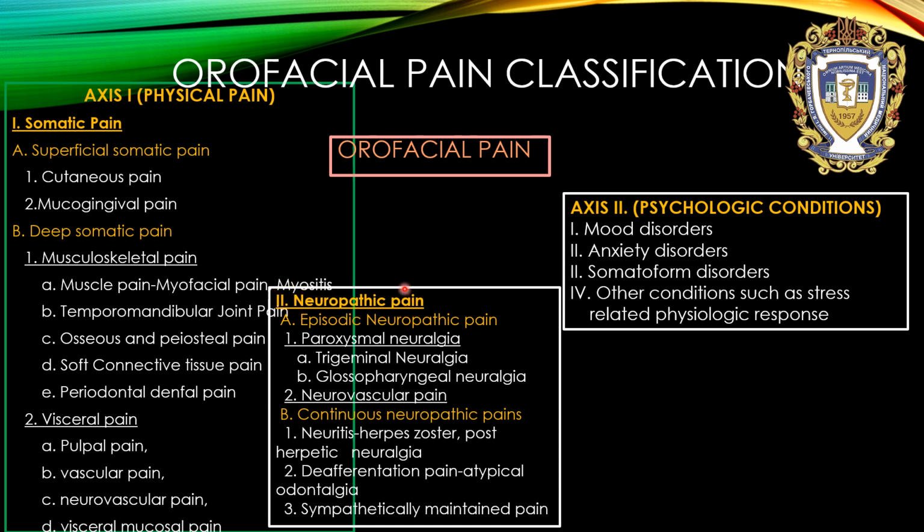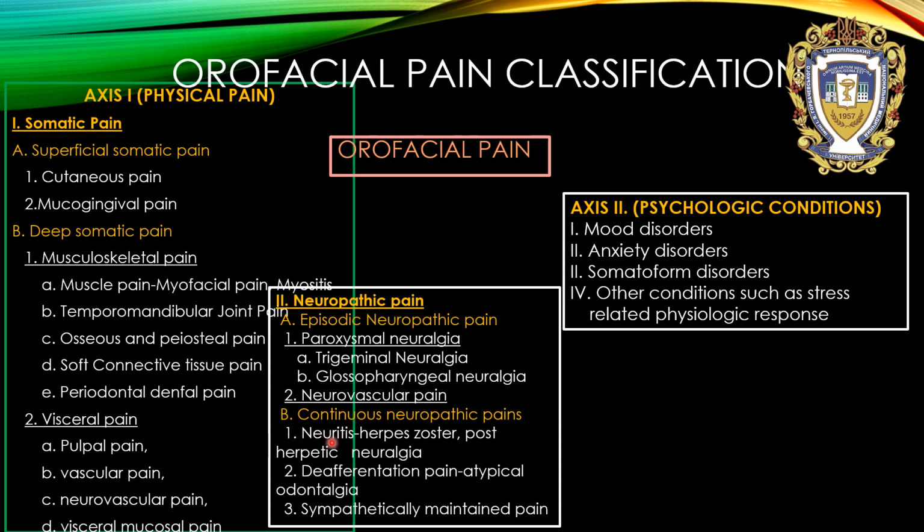Second big division of the first axis, neuropathic pain. Division A, episodic neuropathic pain, like paroxysmal neuralgia, trigeminal neuralgia and glossopharyngeal neuralgia, and neurovascular pain. And group B, continuous neuropathic pain.